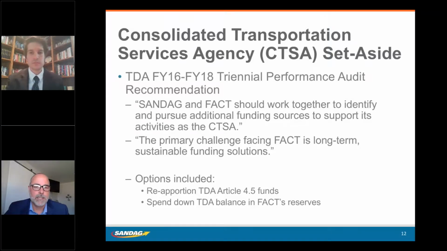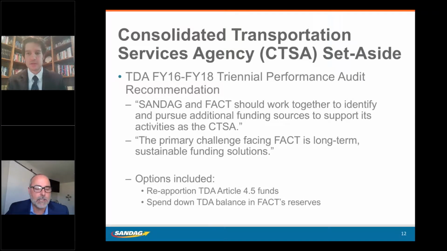Good morning. So I'm here to talk about the Consolidated Transportation Services Agency set-aside that we're proposing. To give a little background, the CTSA is a designated function that SANDAG has as part of our agency, and we receive state dollars through the Transportation Development Act to provide for that CTSA function.